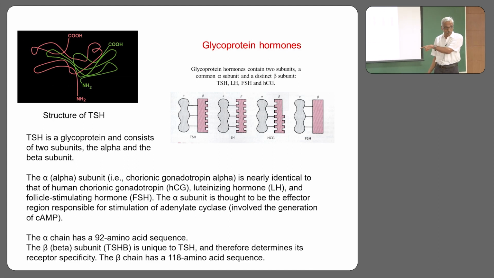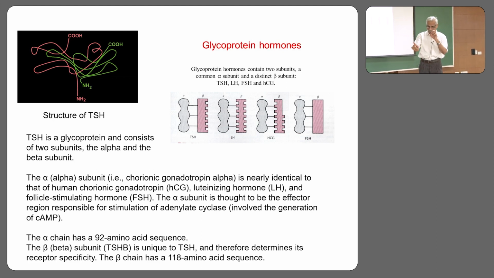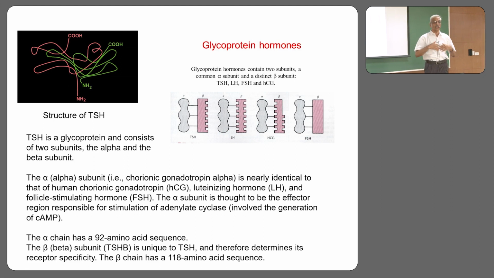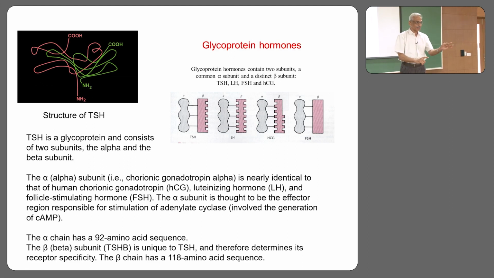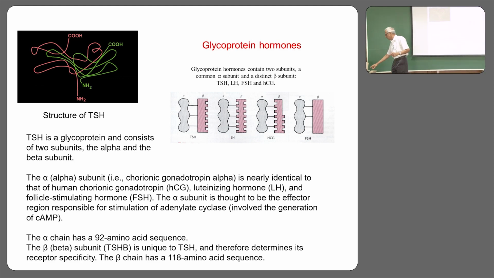So, what the authors have done in the previous slide is they have isolated the beta chain, generated antibodies against the beta chain and used those antibodies to stain. If you had done the entire hormone, then what would you have? You would have the pituitary in which you have labeled LH, FSH and TSH. Got the point? Therefore, you are not interested in making an antibody against the alpha chain. You are interested in making an antibody against the beta chain.